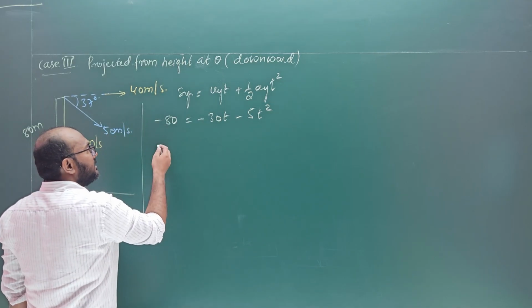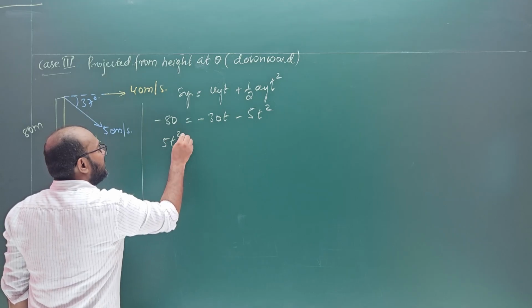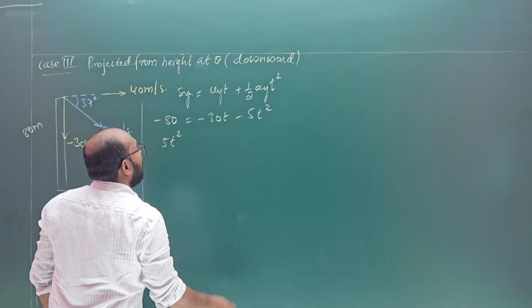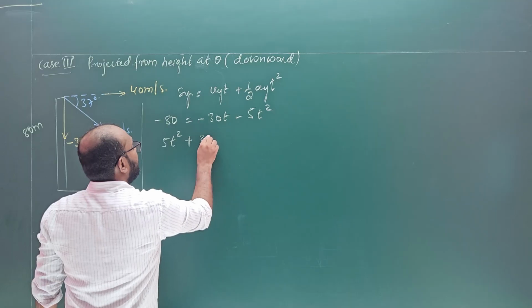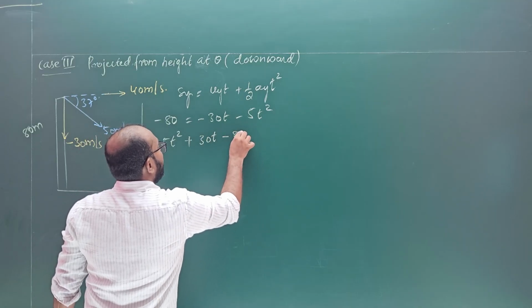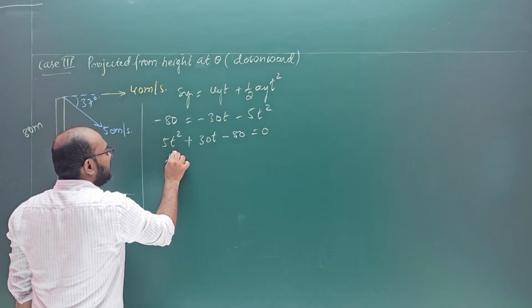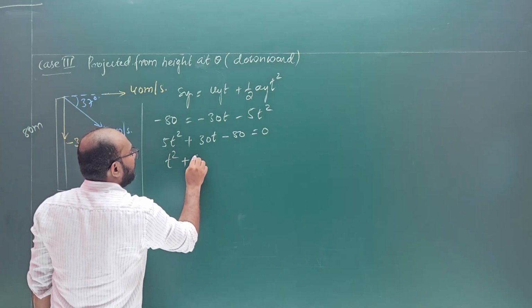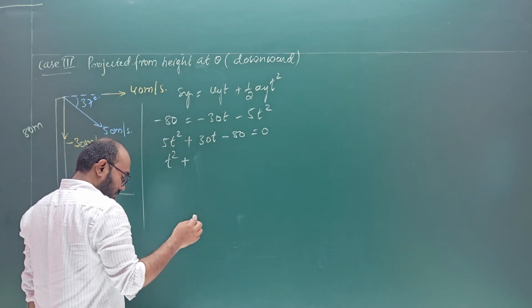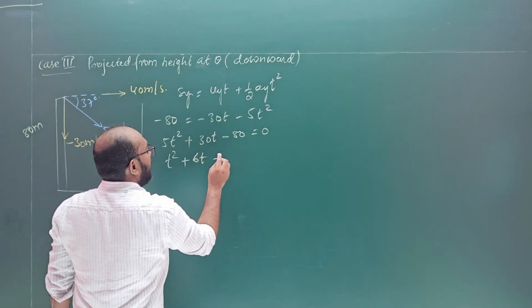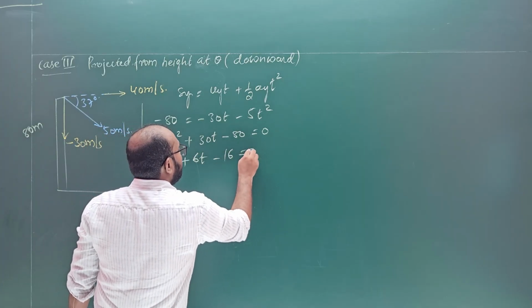Rearranging, this becomes 5t square plus 30t minus 80 equals 0. Again, this gets 5 times t square plus 6t minus 16 equals 0.